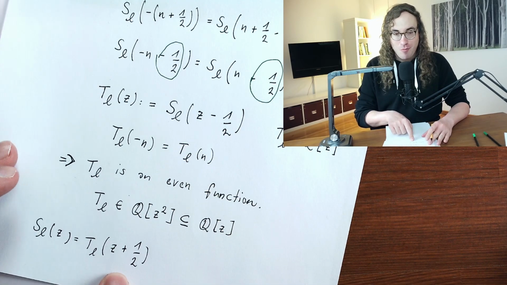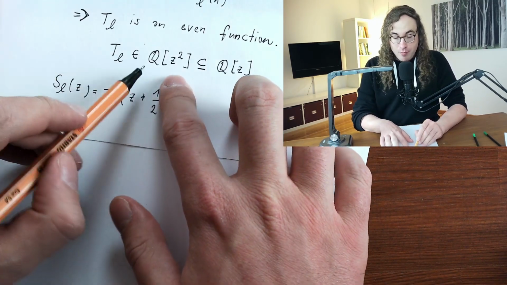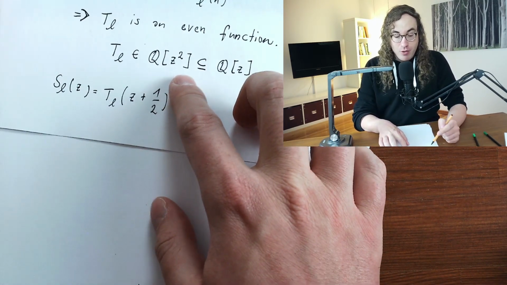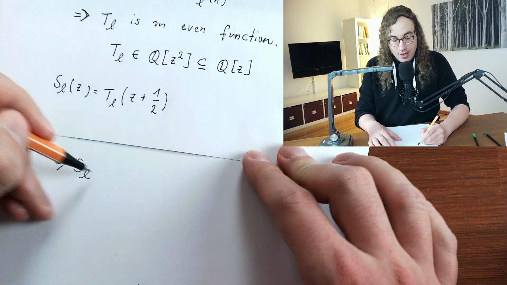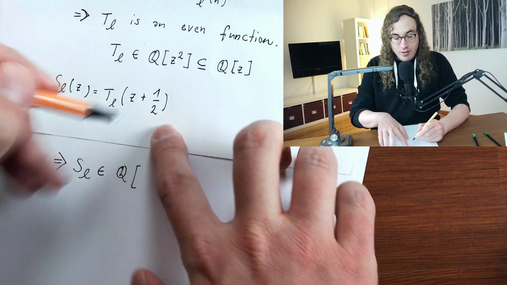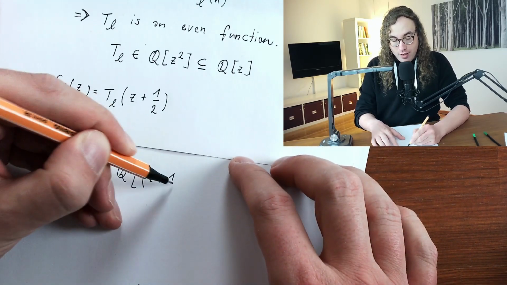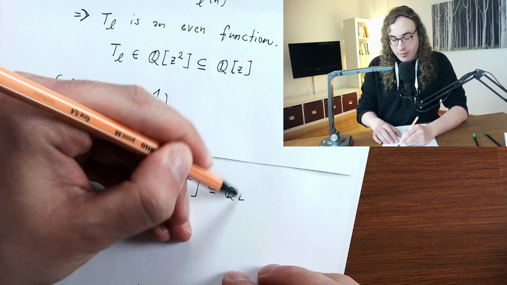Now I'm shifting by plus 1/2. And since I know that TL was part of this polynomial ring in the even powers, I now deduce from this that SL actually lies in the polynomial ring in the variable Z plus 1/2 squared inside of the polynomial ring in Z.